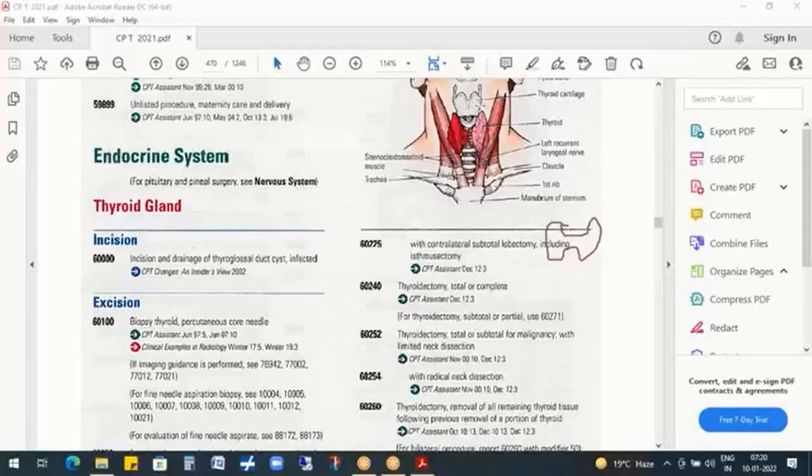That means one side full, opposite side half. 60240, both the lobes are removed by the physician. 60252, removed for malignancy. Up to 60254 you can mark as important.